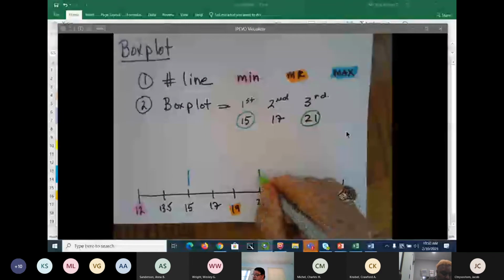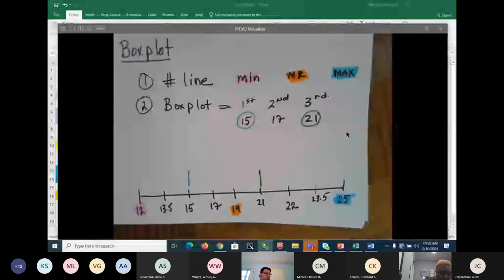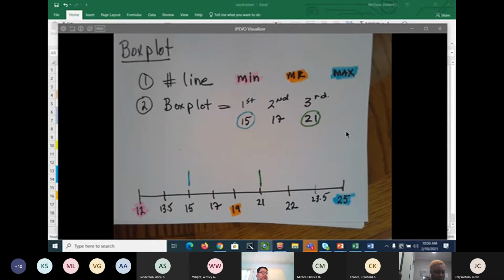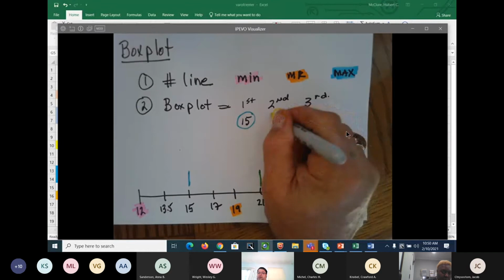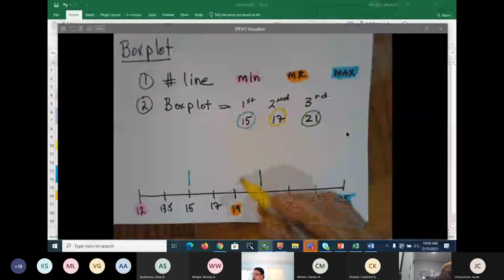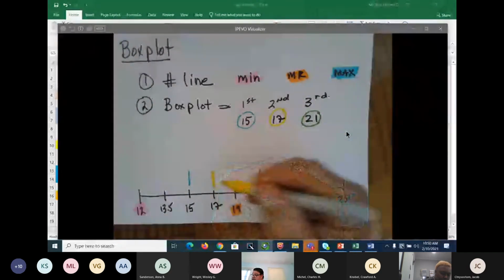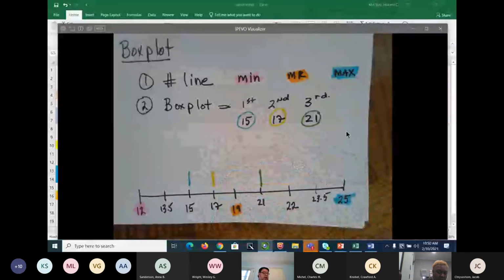And that's going to be right there. And of course, since I highlighted the median yellow, I'm going to draw the yellow mark 17 right here. And there is my box. I'm just going to join the bottoms.